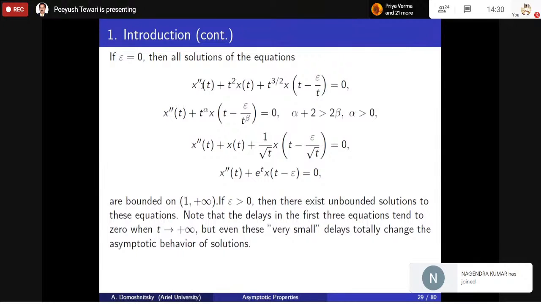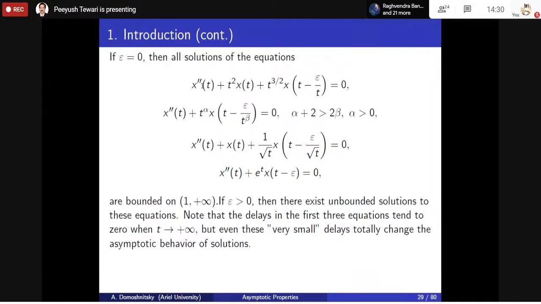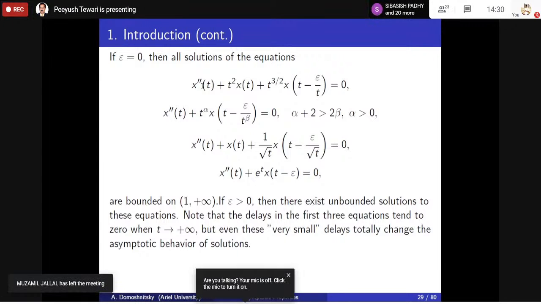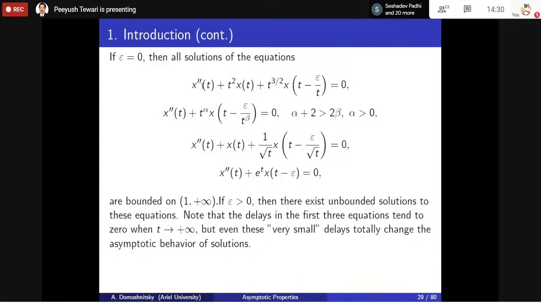Okay, and if epsilon is 0, the solutions of the following equations are bounded. You can see that the delays are very small. Delays tend to 0 when t tends to infinity, in the first, the second, and the third equation.